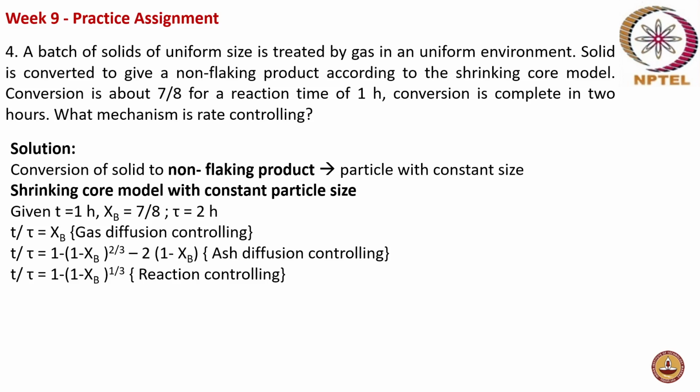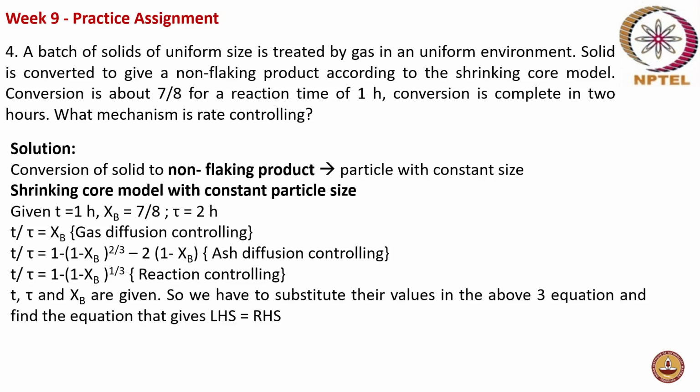So what we have to do is, they have given t, tau and xb. So we have to substitute their values in the above 3 equations. That is the gas film controlling t by tau expression, ash diffusion controlling t by tau expression, and your reaction controlling t by tau expression.